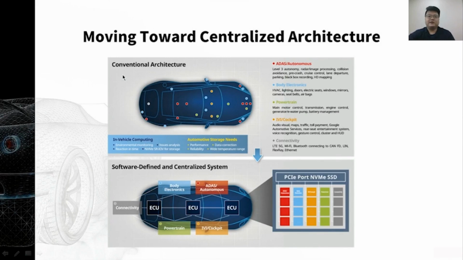But now, for the centralized system, we only need one or a few systems to control all the features and applications. So it can save cost, and also the applications can be defined and changed by software. So the SR-IOV PCIe drive becomes the key for the centralized system.